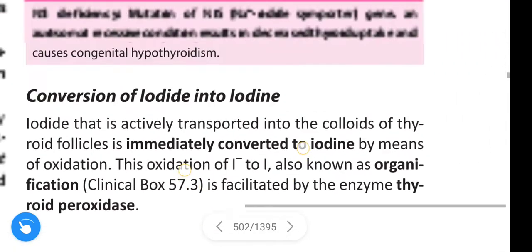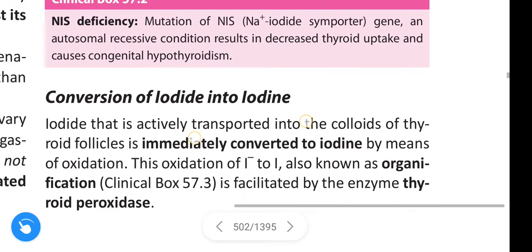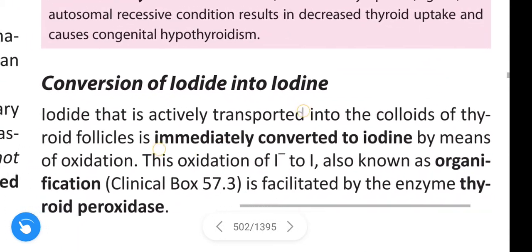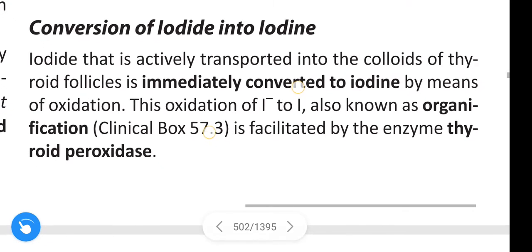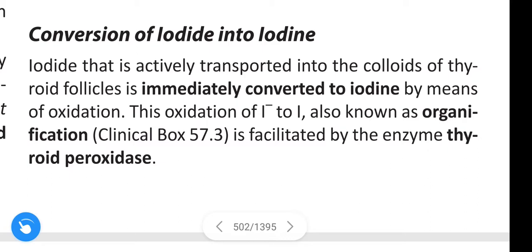Next, conversion of iodide into iodine. Iodide that is actively transported into the colloid of the thyroid follicles is immediately converted to iodine by means of oxidation.